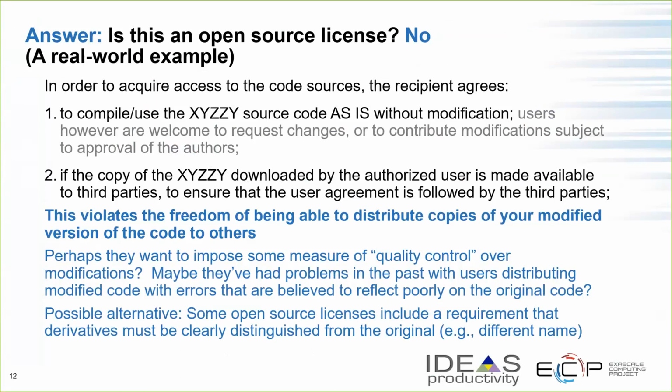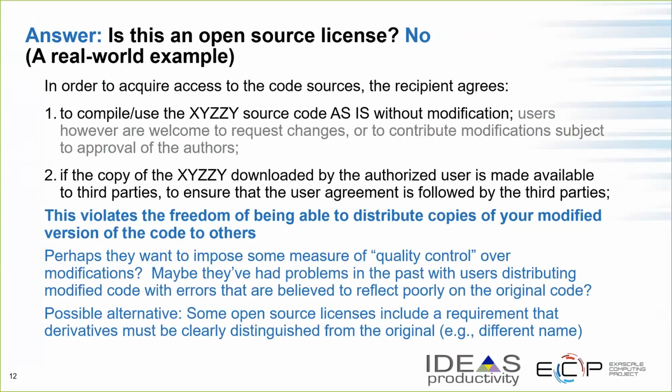Now you might ask why they chose to do this. One interpretation is they want to impose some measure of quality control over the modifications. Maybe in the past they've had problems with other people distributing modified code with errors, and they believed it reflected poorly on the original code.